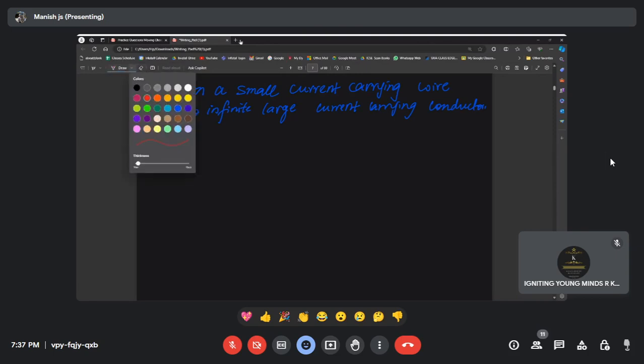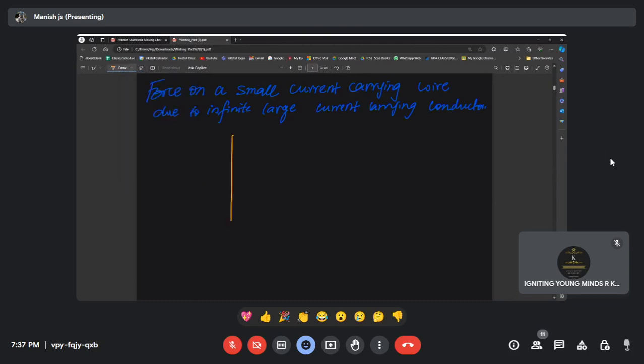I'm taking a conductor that is carrying current. A straight conductor, children, I'm drawing it. Say the amount of current flowing is I. We are generalizing now. So the current flowing in this conductor is I amperes. Now I'm going to take another conductor away from this one.